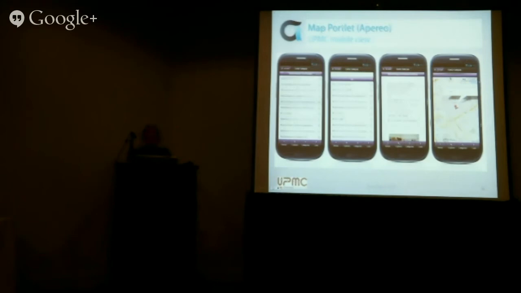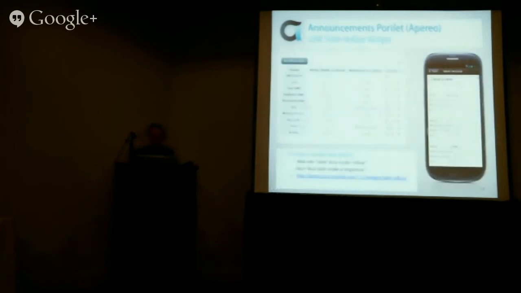And this view is the map view with a selected point of interest. We customize the announcement portlet in order to use a responsive table on the administration interface of the announcement portlet.